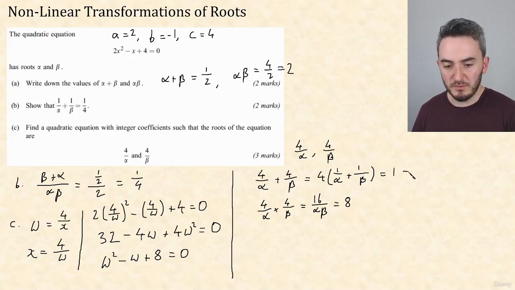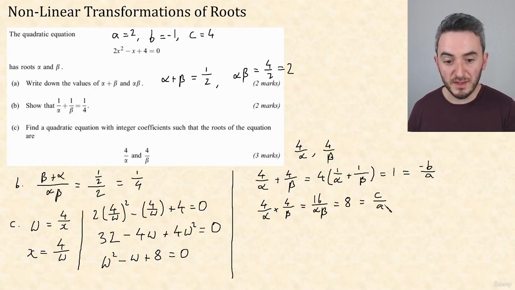So obviously recall that the sum of the roots is minus b over a. And what about the product of the roots? That's c over a. And our job now is just to think of values for a, b, and c that make these true. And very often just setting a equals 1 is the easiest way to do it.